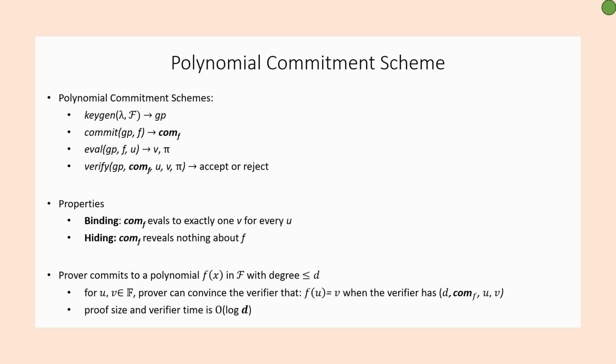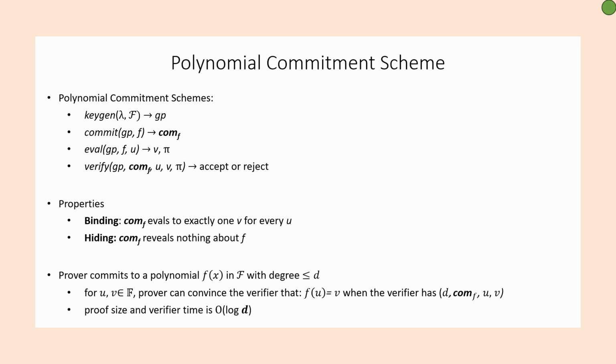Polynomial commitment schemes have two properties. The first is binding, which is that the commitment to f evaluates to exactly one output v for every input u. And the second is hiding, which is that the commitment of f reveals nothing about the function f.